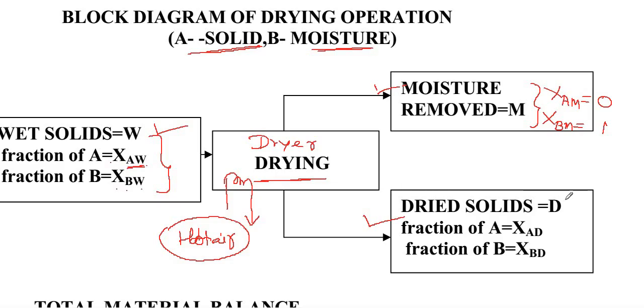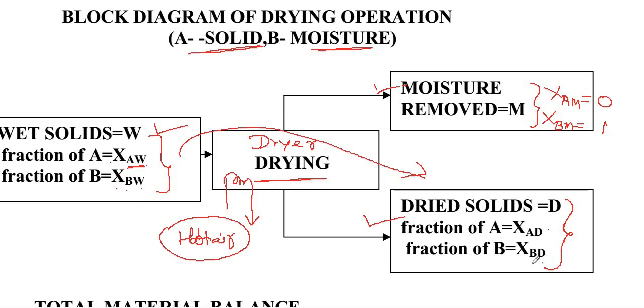Coming to the next stream here, dried solid, which is the bottom stream from the dryer. Here XAD means fraction of solids in dried solids, and XBD means fraction of moisture in dried solids. The important thing here: in conversion of wet solids to dried solids, the moisture fraction will be less.